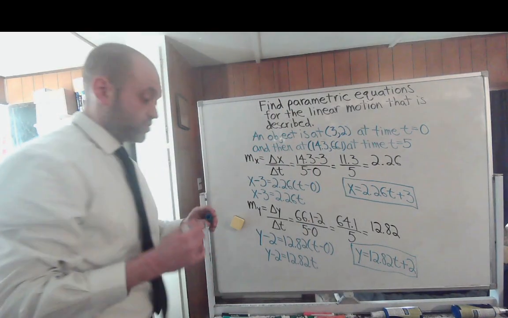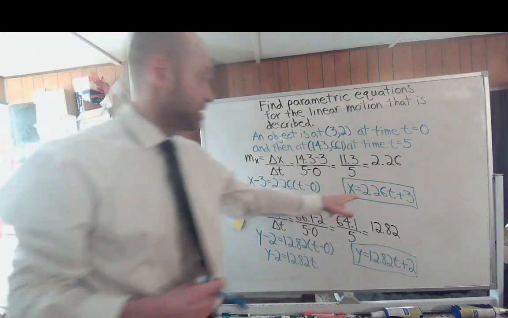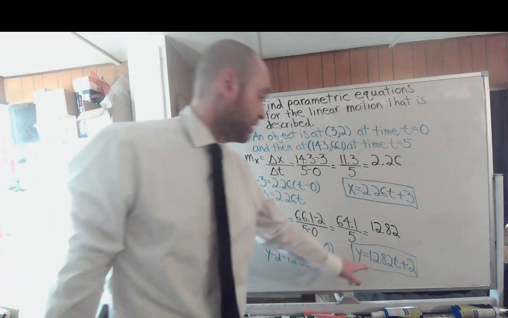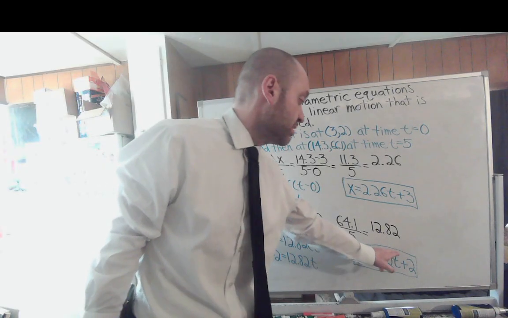So the parametric equations I should get are x equals 2.26t plus 3 and y equals 12.82t plus 2.